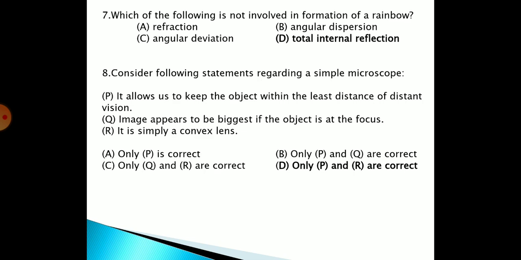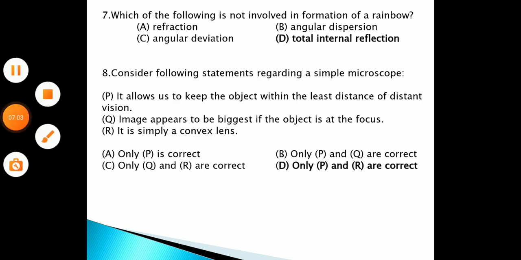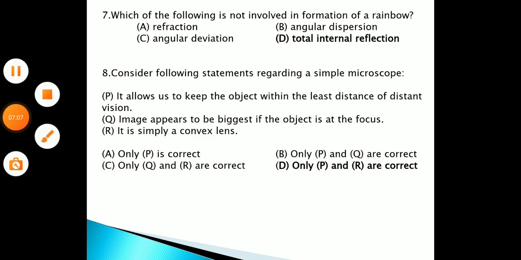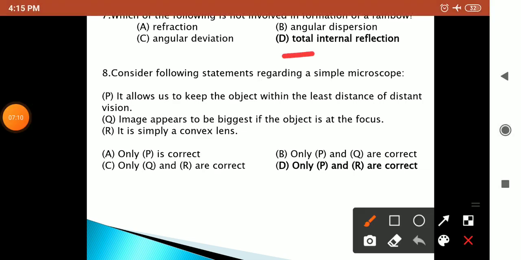So this involves the refraction phenomenon, angular dispersion, and angular deviation. But total internal reflection will not be there. So it is not involved in the formation of a rainbow. So this is the wrong one.